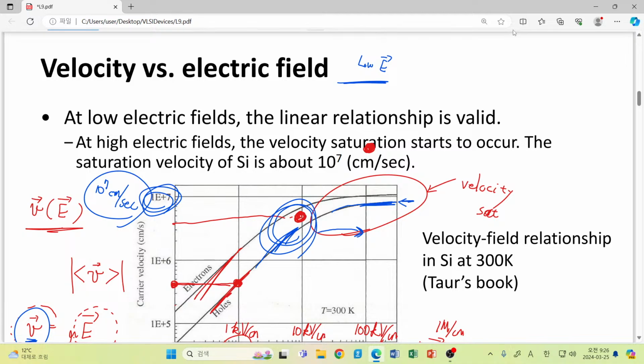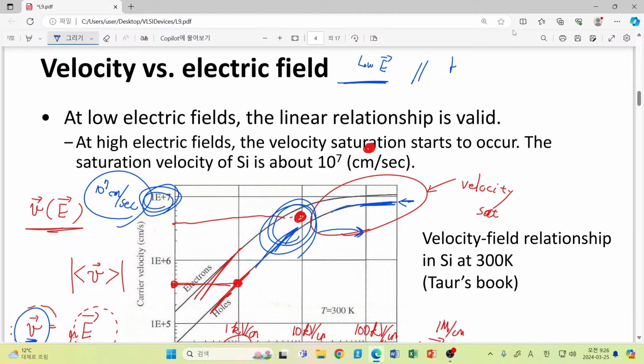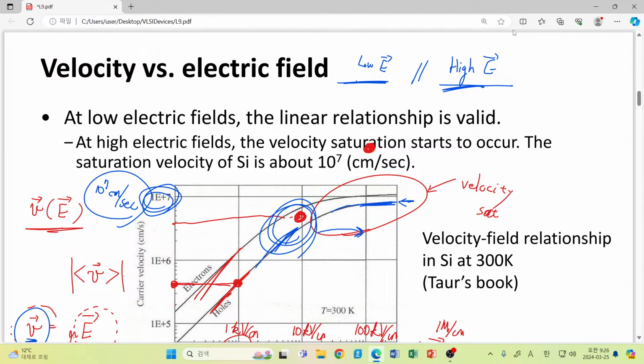It is quite natural, because if you apply a low electric field, then the current will be quite low. If you apply a high electric field, then the current will increase. What is related with high performance applications? Of course, in order to achieve high performance, more current conduction, you have to apply a high electric field.